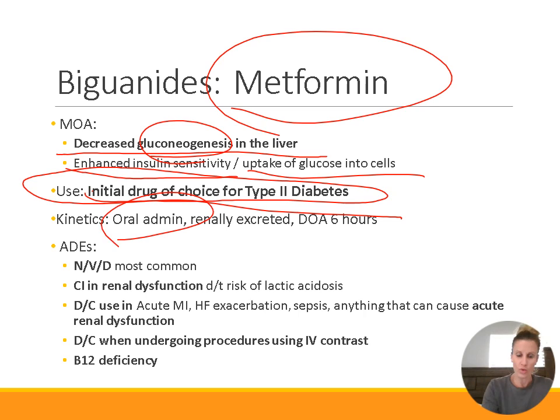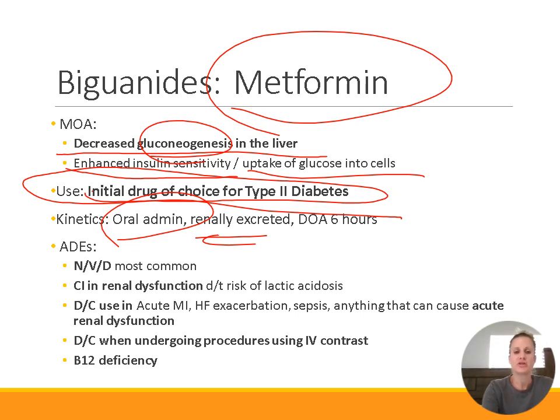Metformin is given orally. It is renally excreted, and we do see that it is contraindicated in patients with renal dysfunction. And it is important that we monitor renal function, which I'll talk about in just a second.